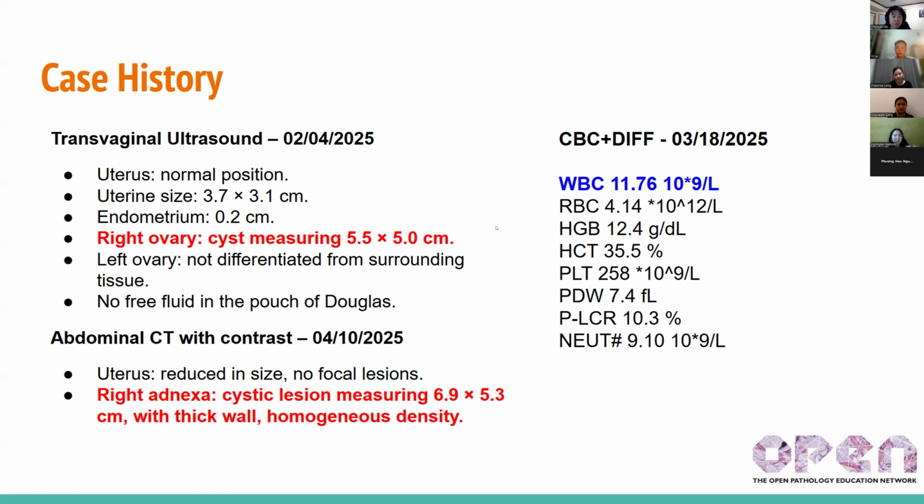And 2 months after that, she had an abdominal computed tomography, which revealed that the cyst size slightly increased to 7 centimeters, with a thick wall and homogeneous density, which is why the clinicians thought that it might be a benign or a malignant tumor, and they warranted surgery. They did it bilaterally because she was postmenopausal.